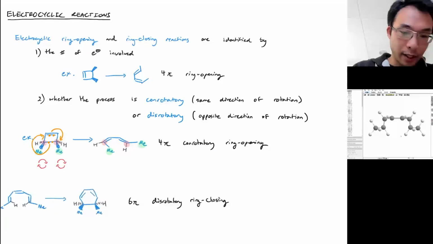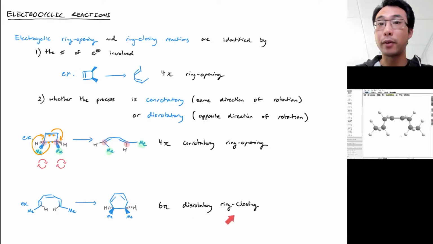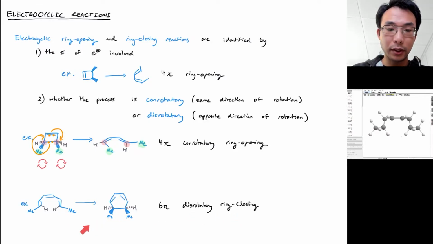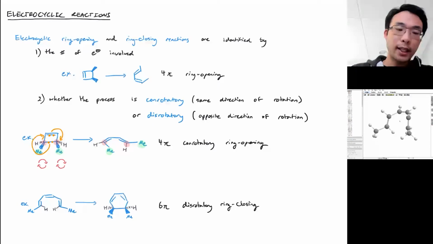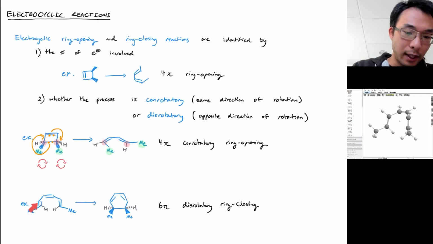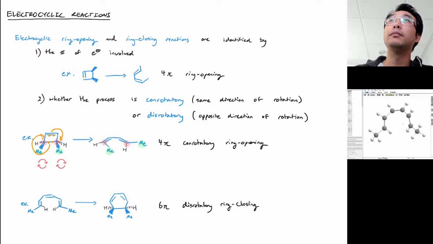Now let's look at a disrotatory process. I'm going to take here the 6-electron disrotatory ring closing process that's shown in this reaction right here. If we're looking at our molecule that I have in the model here, you can see that these end alkenes are both trans, so the 2 large groups are going in opposite directions around that alkene.